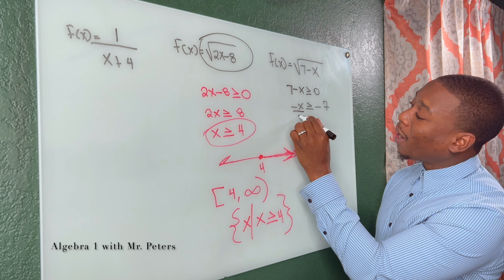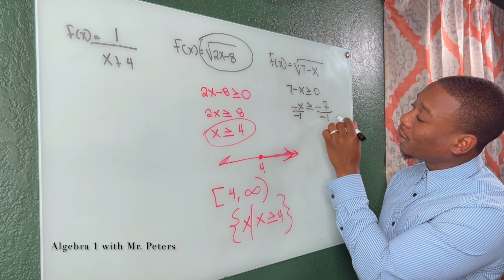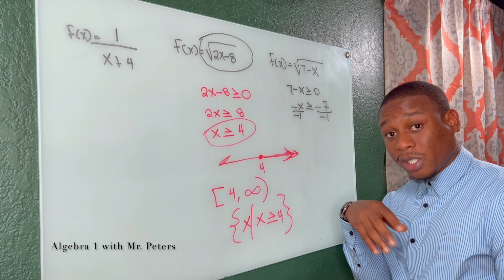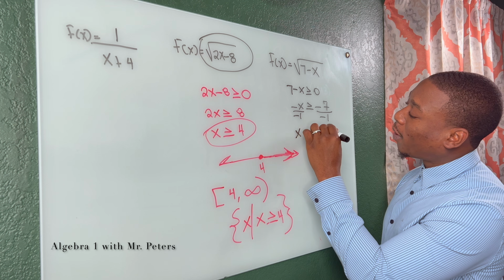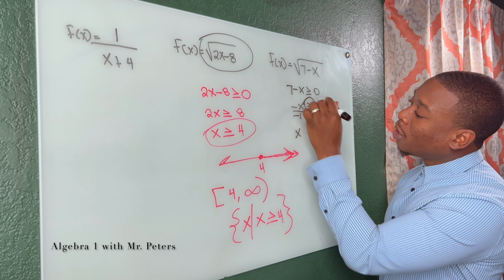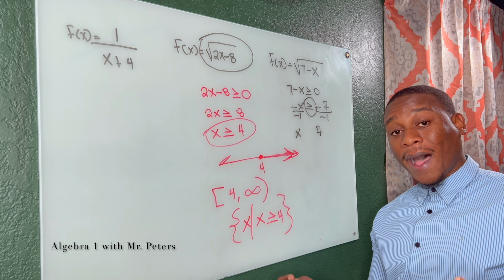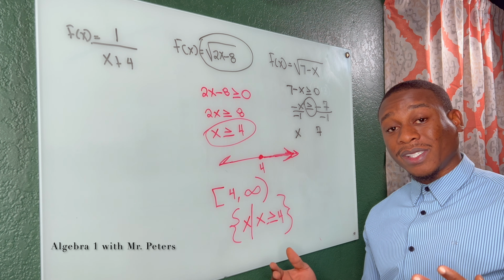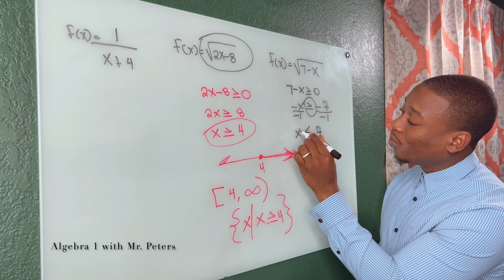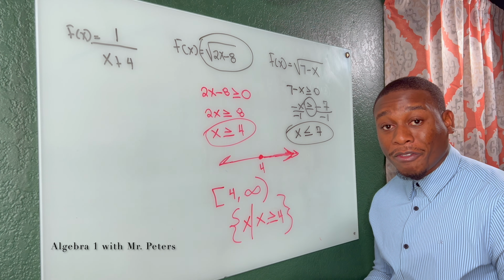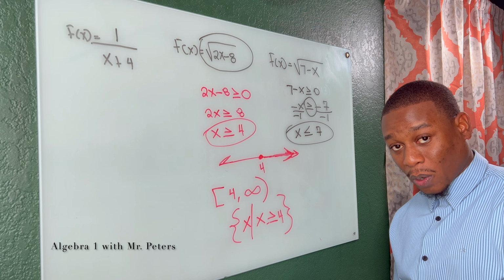So when I divide by -1, I have to do the same thing on the opposite side of the inequality, right? And now we have x is positive and 7 is positive. Just don't forget that when x is negative and you turn it positive, you have to flip the inequality sign too. So this should be my final answer, okay?